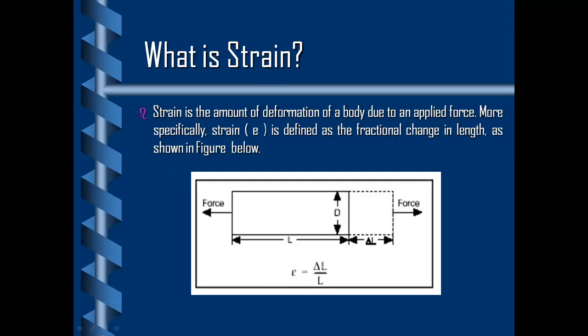Strain is the amount of deformation of a body due to applied force. More specifically, strain is defined as the fractional change in length, as shown in the figure below.